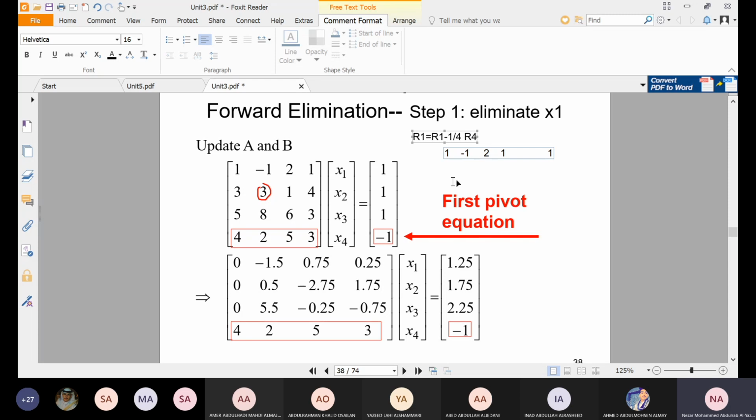So the result here should be 1, and the second coefficient should be 0.25. The third one, 1.25. What about the third, guys? This should be how much? Okay, 0.275.